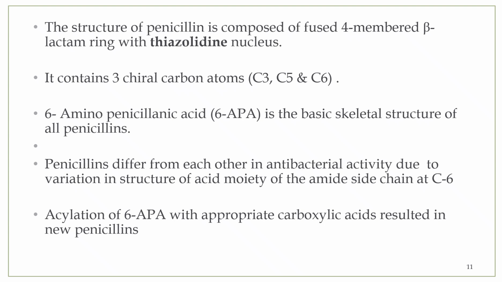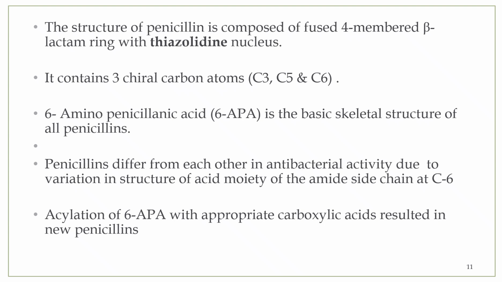So we have seen already the structure of penicillin is composed of a fused four-membered beta-lactam ring with a thiazolidine nucleus. It contains three chiral carbon atoms C3, C5 and C6. And 6-aminopenicillinic acid is the basic skeletal structure of all penicillins.